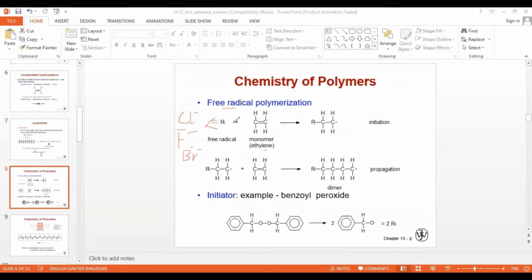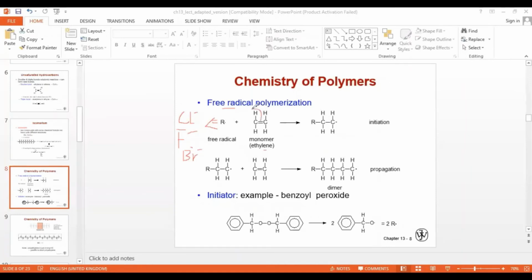So this R combined with this monomer will give you C2H4R, right? Now we have 2C, here also 2C, that's fine. Here 4H, 4H, that's also fine. Here I have a double bond, but here I have a single bond, and the other double bond is being broken by this R to join with it.